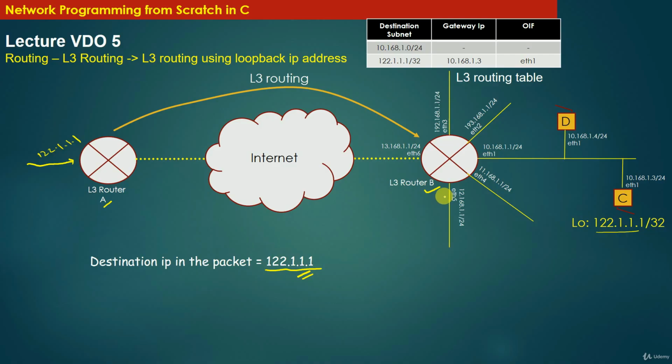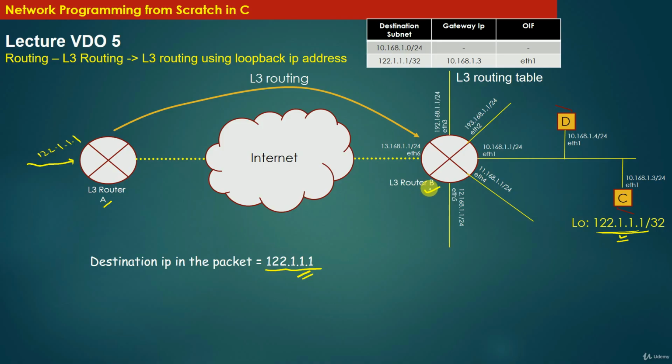Now in this case the answer is no. The destination IP address 122.1.1.1 does not belong to any of the local subnets of router B. It means that router B knows that the packet belongs to some remote subnet, and therefore router B decides to use L3 routing in order to forward the packet to the next host machine.